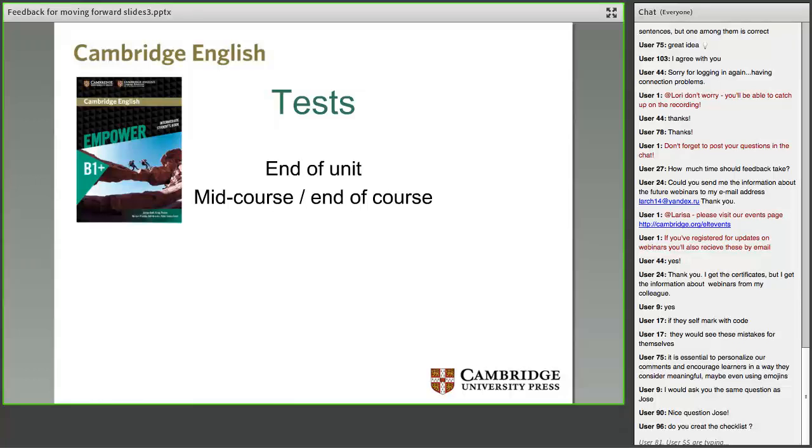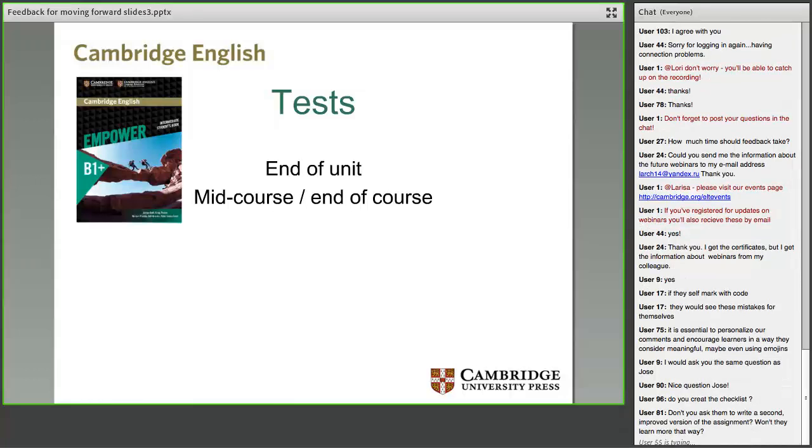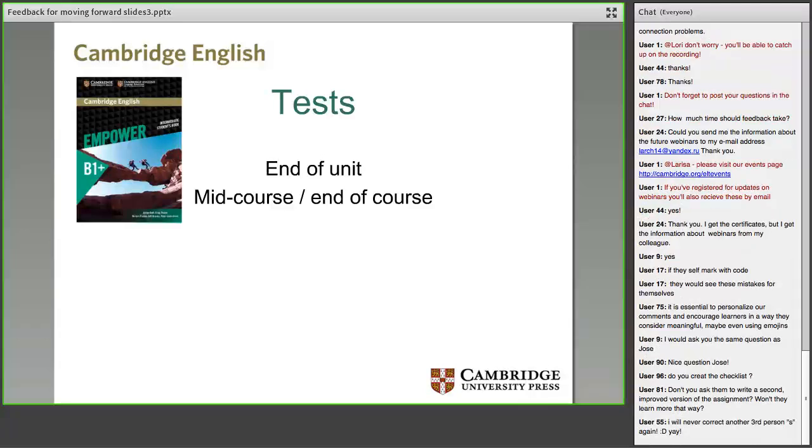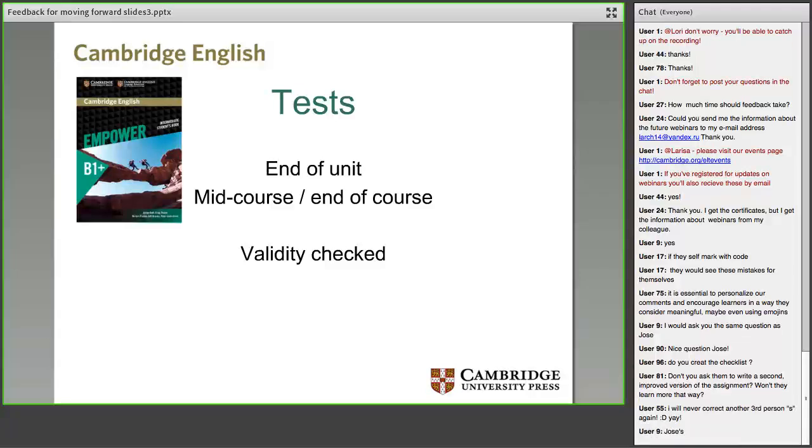Although they can get grades from these, they have also been made into formative assessment as well. And what happens here, oh, by the way, it's also very important that these tests are valid, that they're really going to test what they're supposed to be testing.